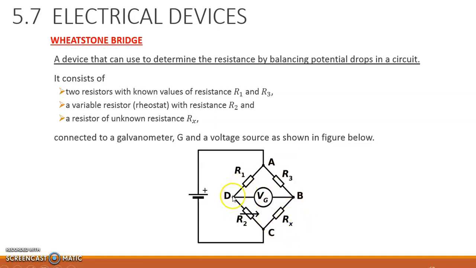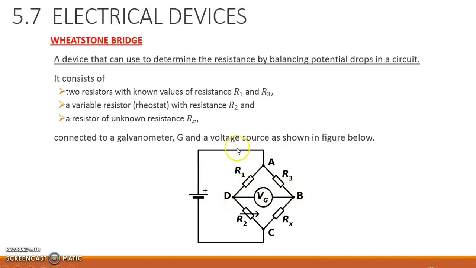So here, in between R1, R2 and R3, Rx, there is a galvanometer connected between these 2 points. The function of this galvanometer is to measure the potential difference at these 2 points.